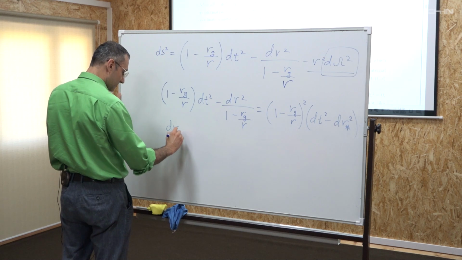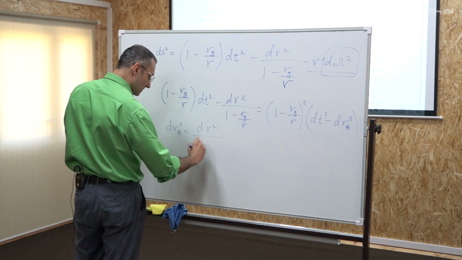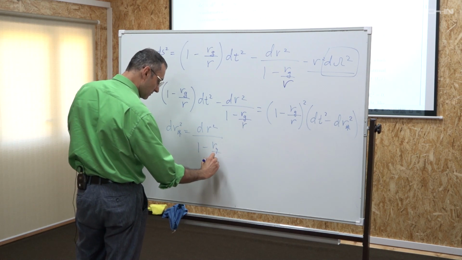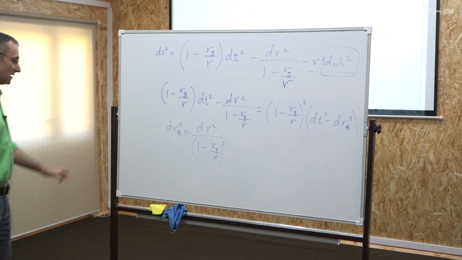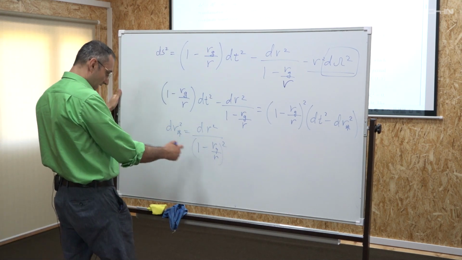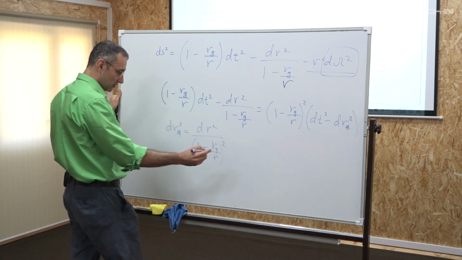It's just dr star squared is equal to dr squared over the metric function squared, so it's a trivial transformation. I can integrate this, choosing some sign and choosing the constant of integration.